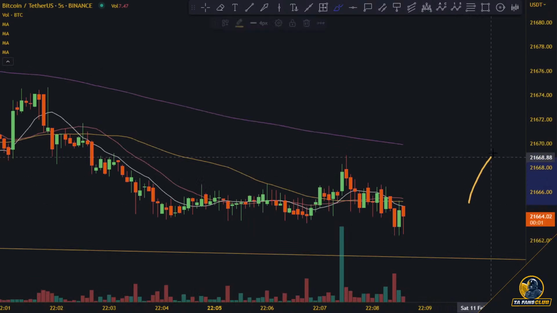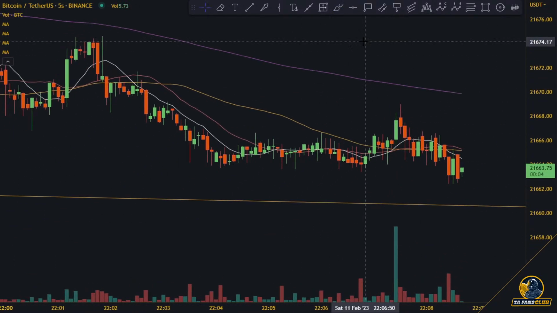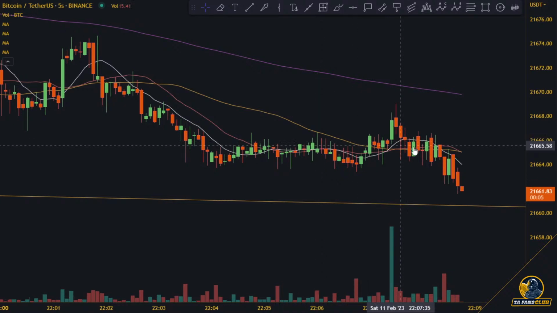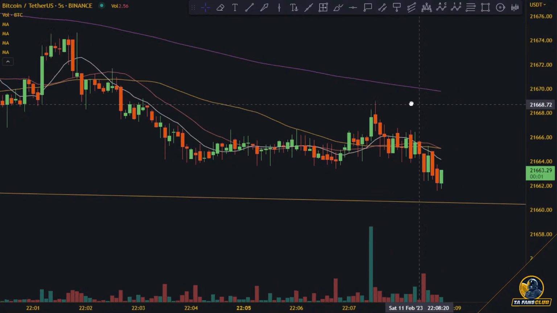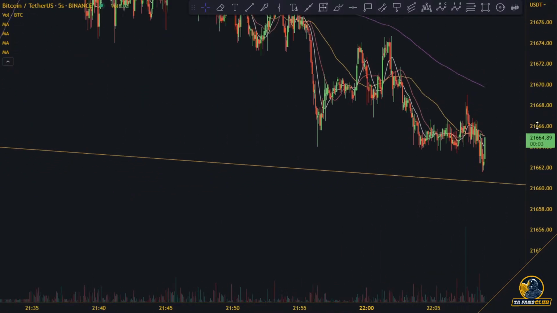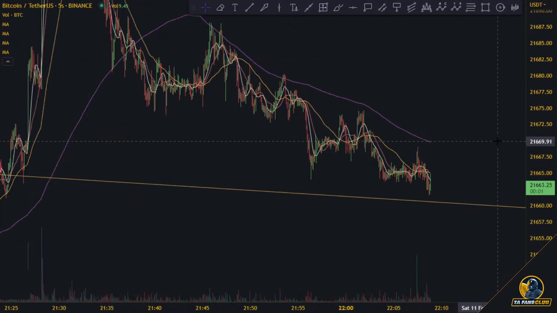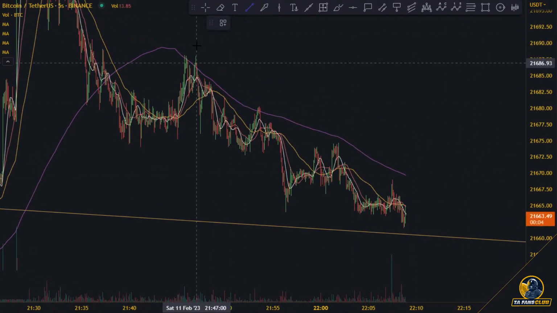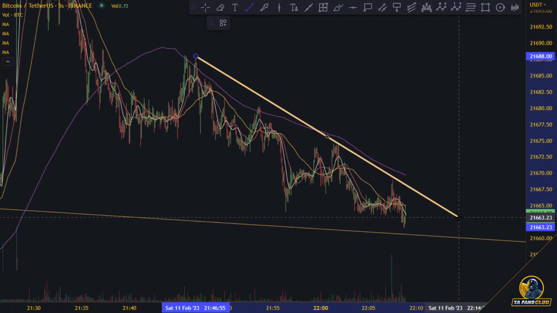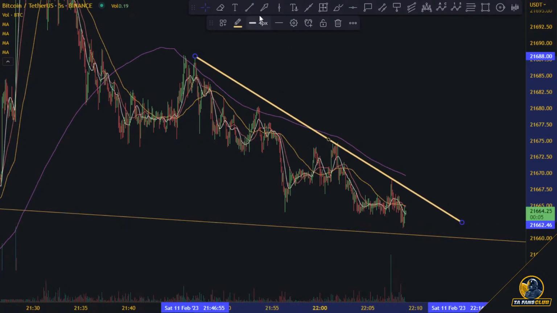Oh, look at the ugly candles, man. Look at the ugly candles. Just going tighter and tighter up here. Give or take.